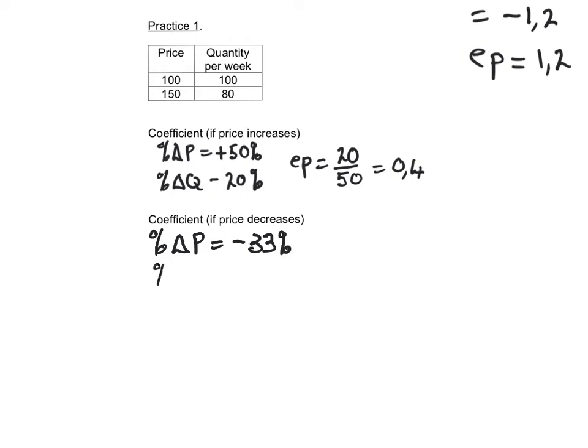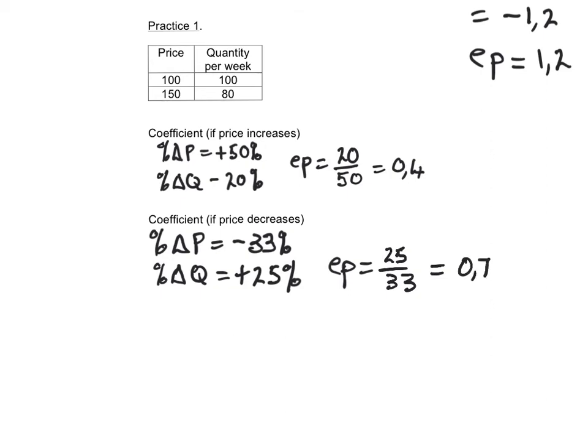The percentage change in the quantity is an increase of 25%, going from 80 to 100 units. So our price elasticity coefficient will be 25 over 33, and that gives us an elasticity coefficient of 0,76.